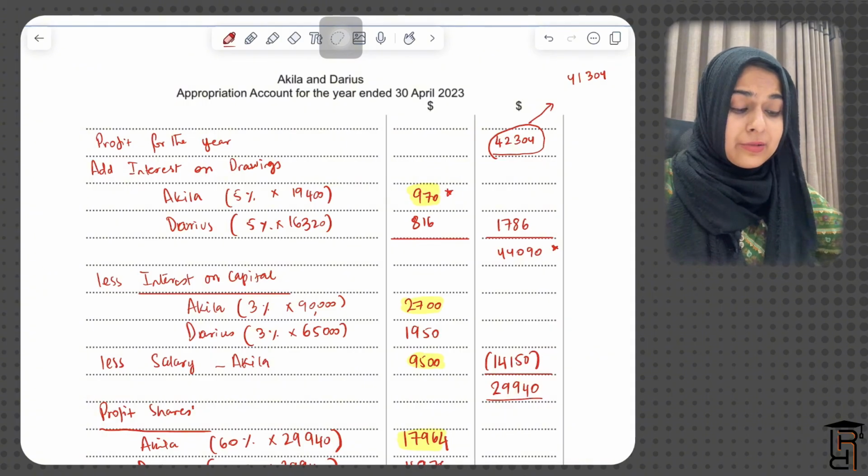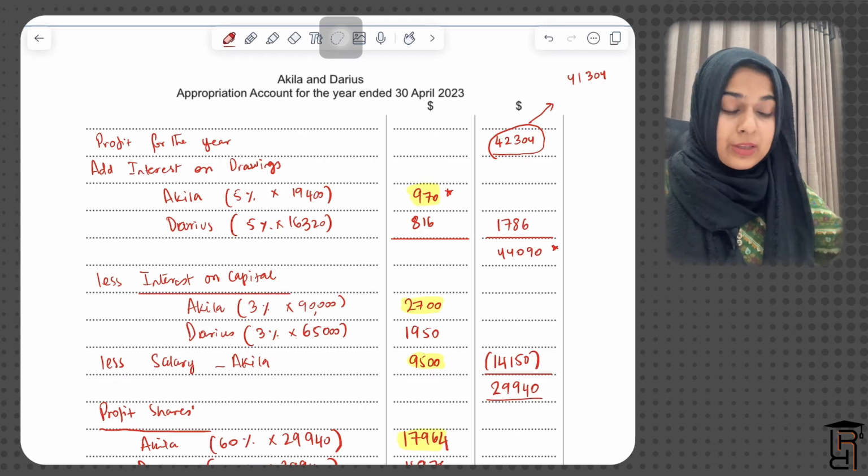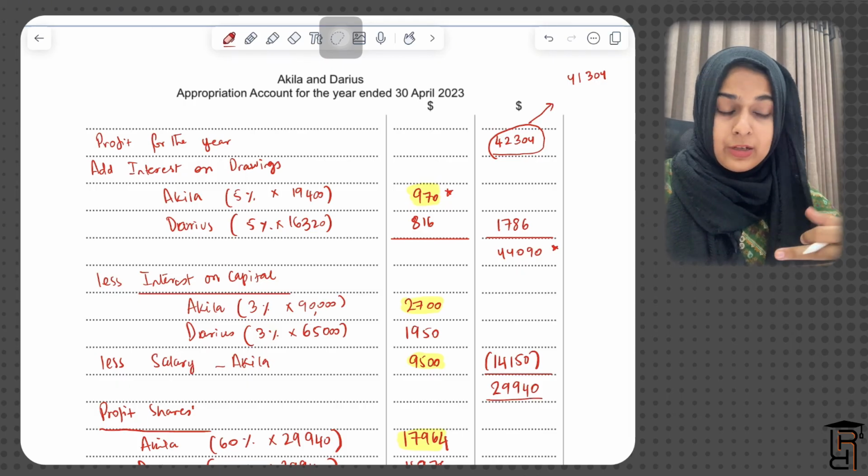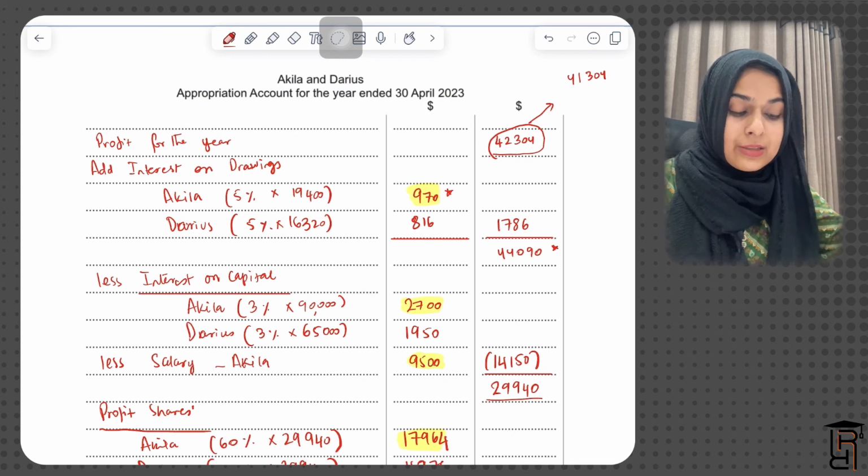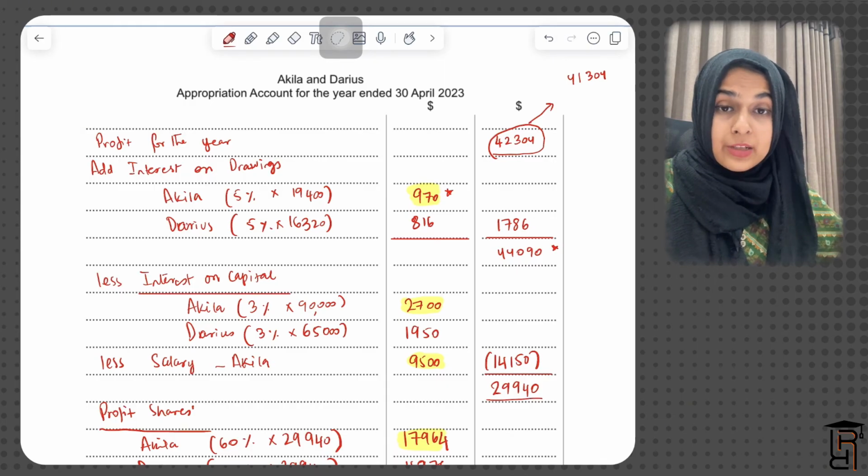So that means residual profit will also be 28,940. This will also reduce by 1,000. So the reduction will come on the profit share as well. So that interest, that is 1,000 given to Akila, this reduction comes on the residual profit, the profit shares that are given to the partners.